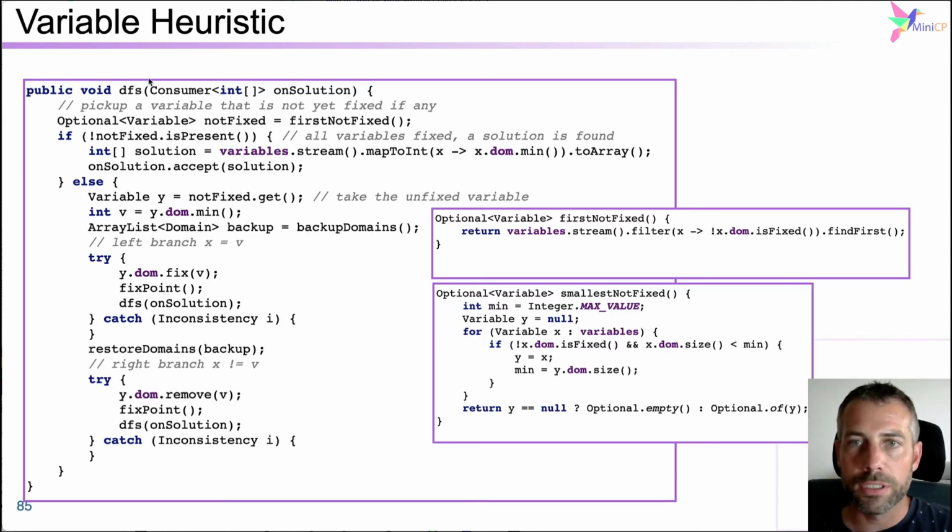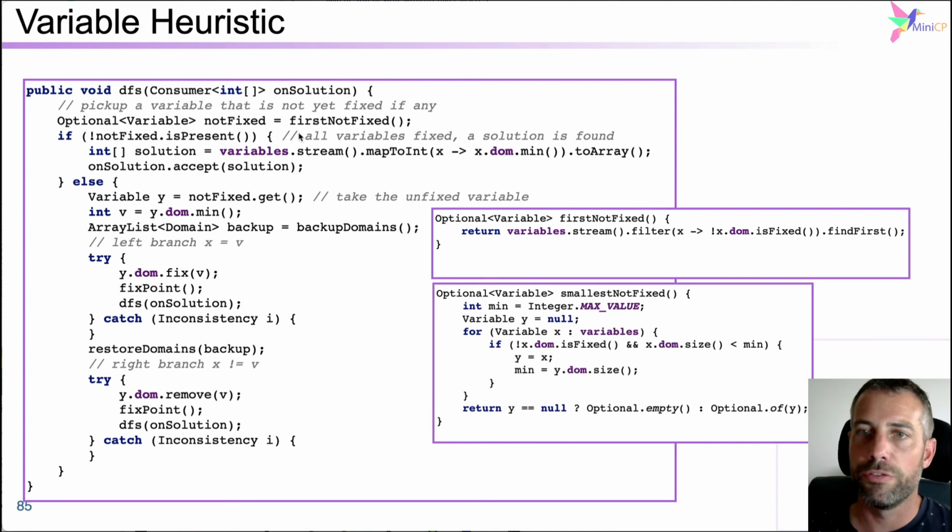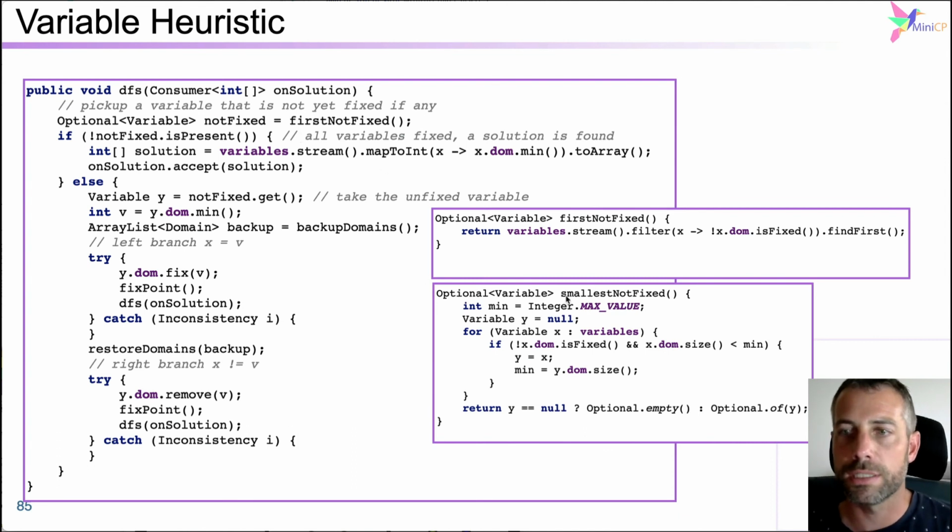So the way to implement this variable heuristic: by default in TinyCSP, you have the first not fixed variable, which is the next variable that you will branch on. If you want to replace that one, you could, for instance, replace the first not fixed variable by the smallest not fixed variable. It means that you will iterate over all the variables of your problem, and you will try to discover the one that has the smallest domain size, but you need to choose a variable that is not yet fixed.